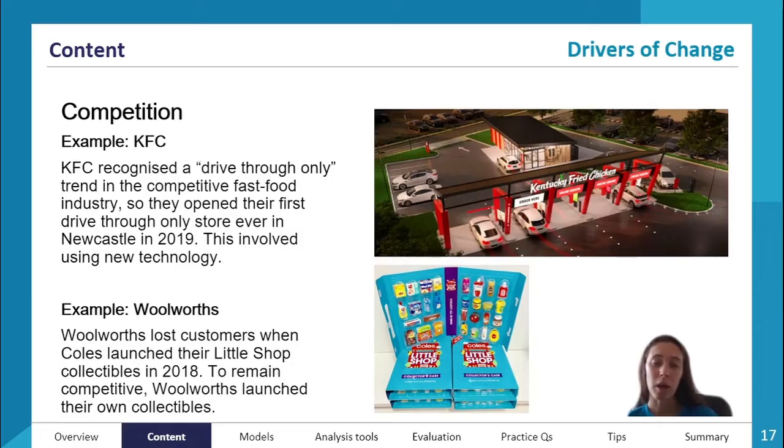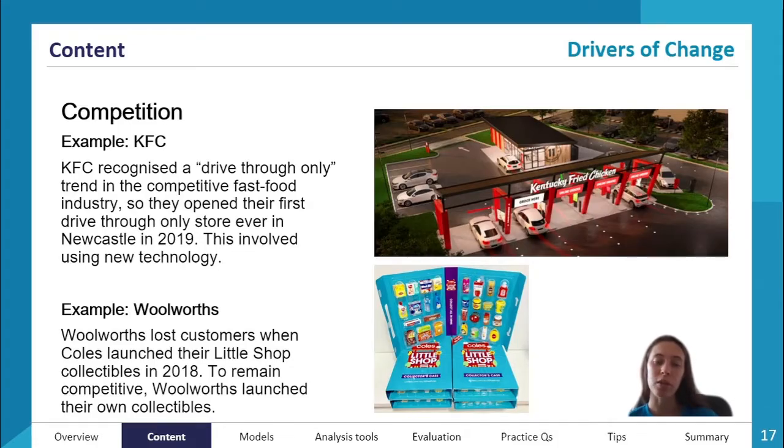Another example you may be even more familiar with is the Woolworths and Coles rivalry when it comes to all their collectibles series. So back when this started, it was 2018. Coles was actually the first one to launch collectibles, and that was their Little Shop collection.